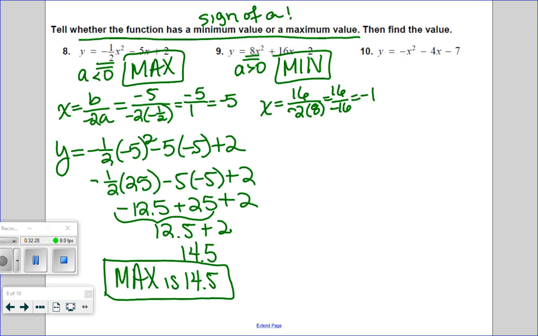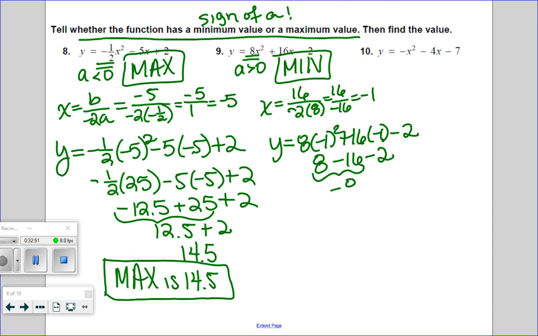And we plug that back in. So negative 1 squared plus 16 times negative 1 minus 2. That squared is 1, times 8 is 8. Negative 16 times negative 1 is negative 16. This right here is negative 8.